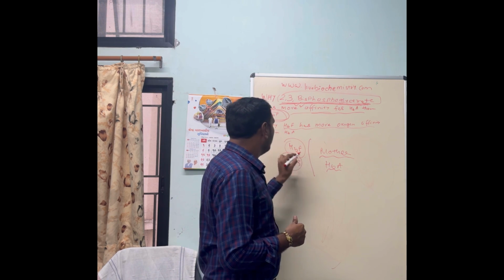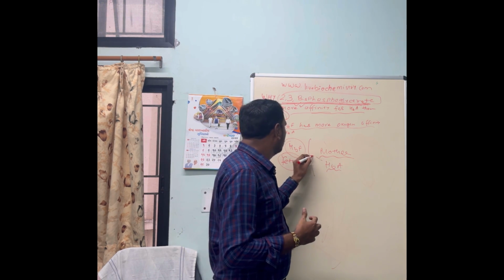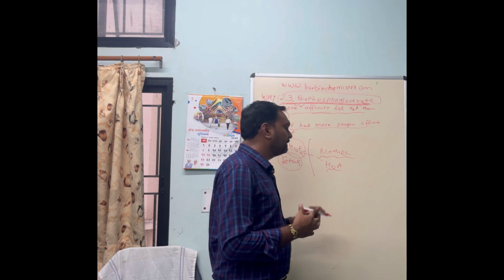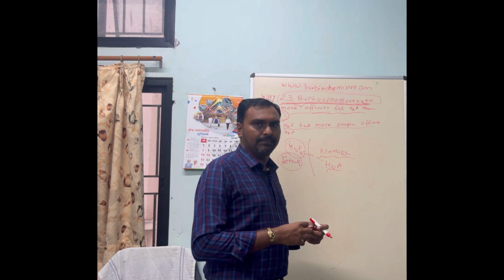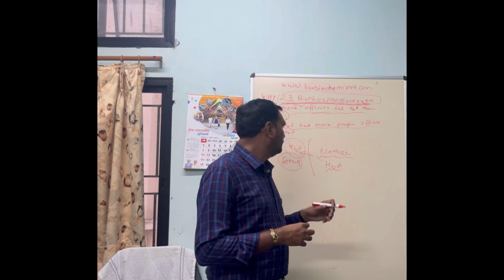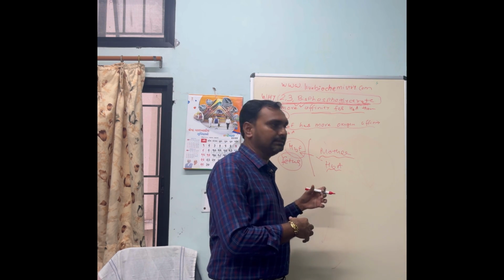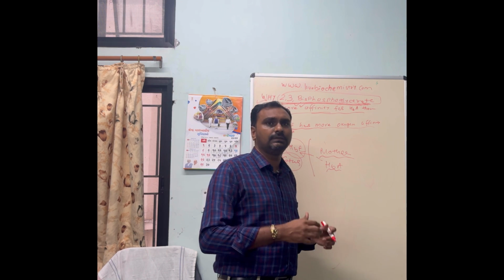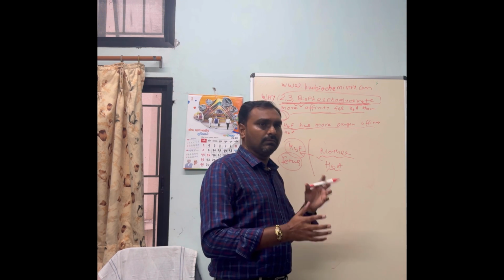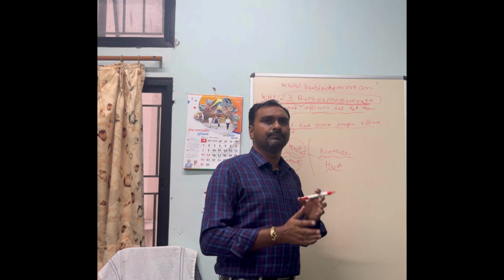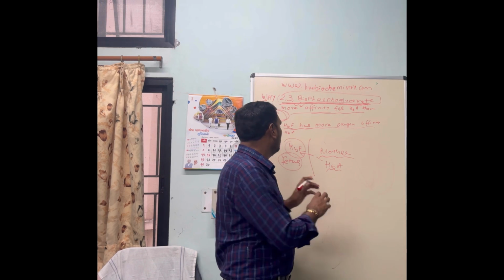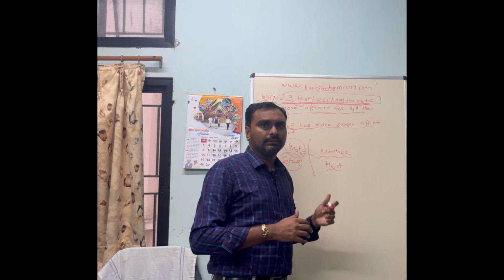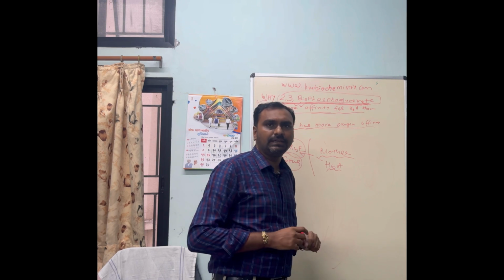Because HbF has more oxygen affinity, it will take up the oxygen from the placenta, from the mother's oxygen. That's why HbF has more oxygen affinity. See the beauty of nature, how there is a switching of the hemoglobin. After the baby is born, HbF is swapped to HbA.